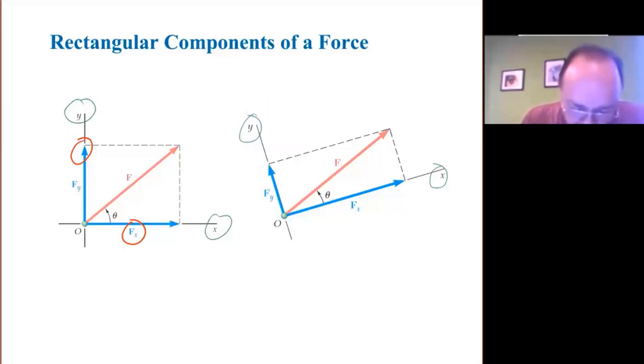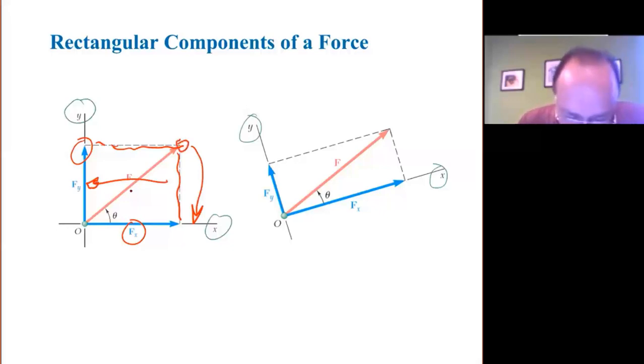You draw lines parallel to the directions. This line is parallel to this one, and this line is parallel to that one. At the point where the two lines meet, you put the head of the vector, and at the tail of the vectors, you put the tail of the resultant. So you draw the diagonal of that parallelogram, and then you get the summation F, right?